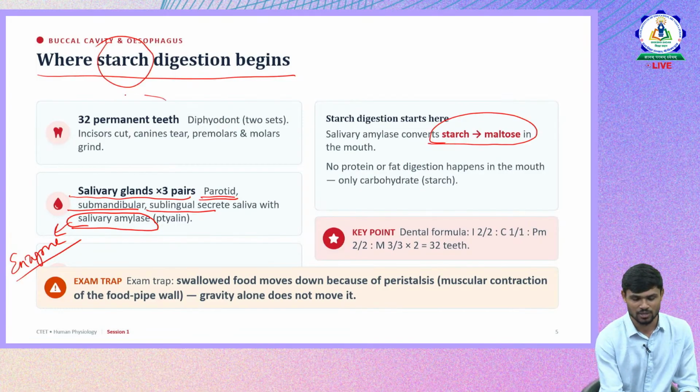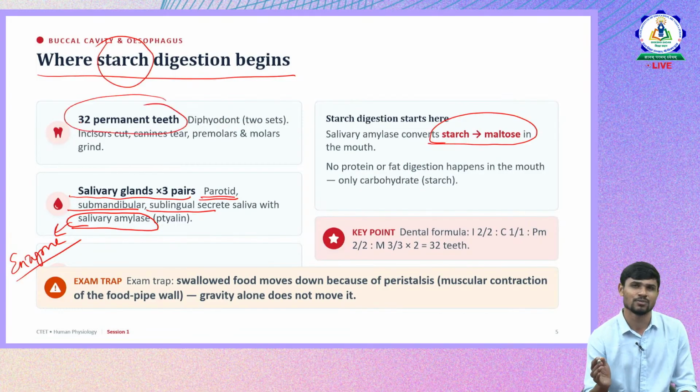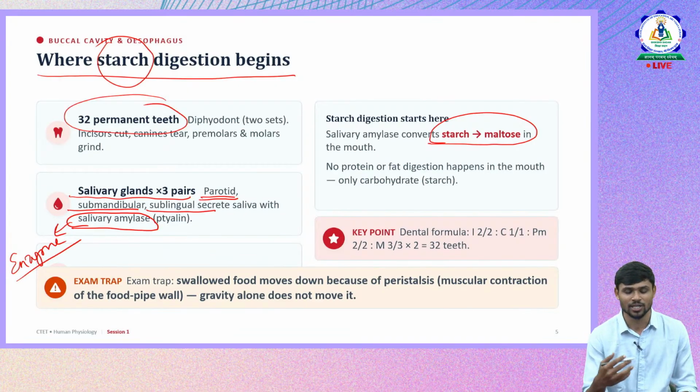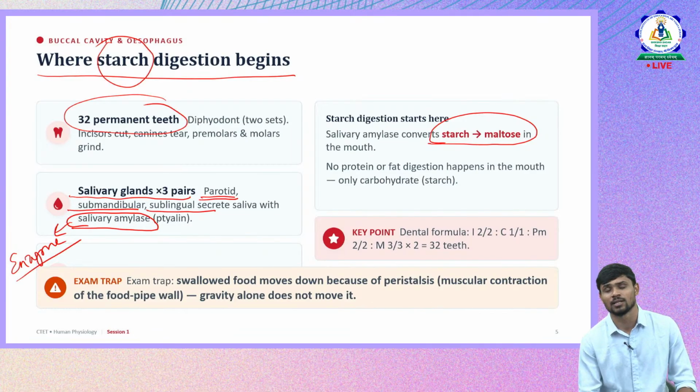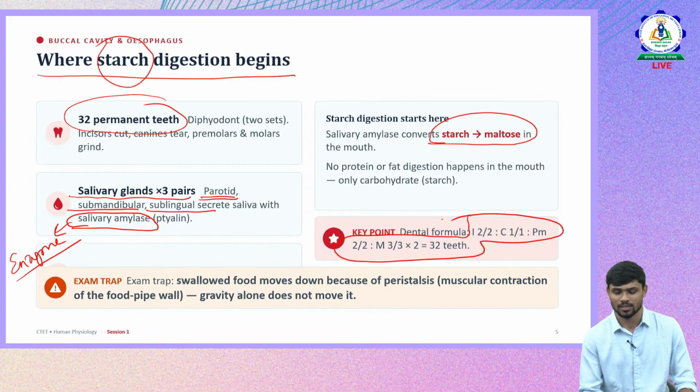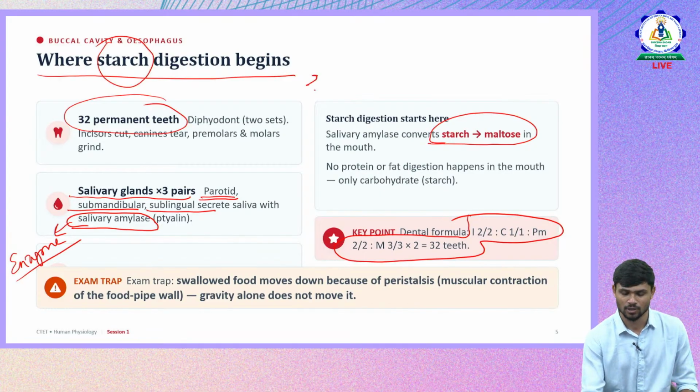And we also remember there are some facts you have to remember, because questions will also come from these kind of facts. Like we have 32 permanent teeth. Okay, again you should also remember the dental formula. Please remember, we have four types of teeth. What do we have? We have incisors, number one.